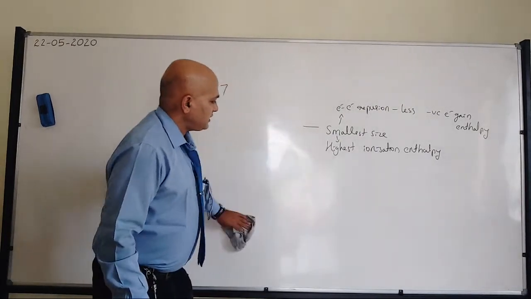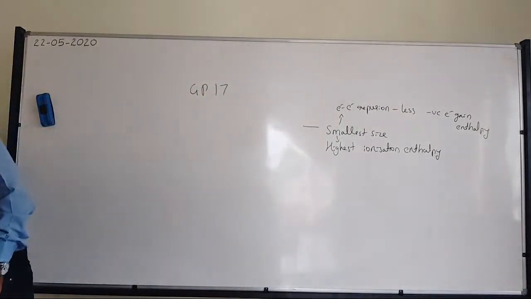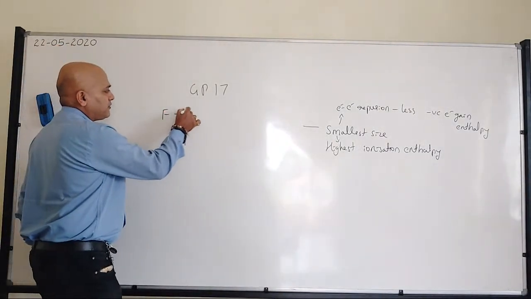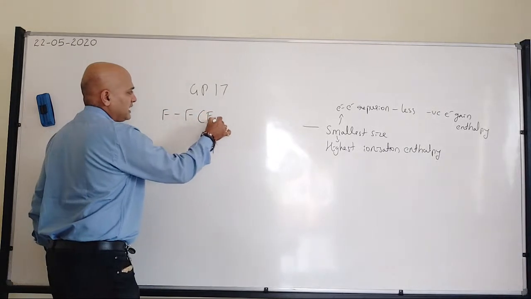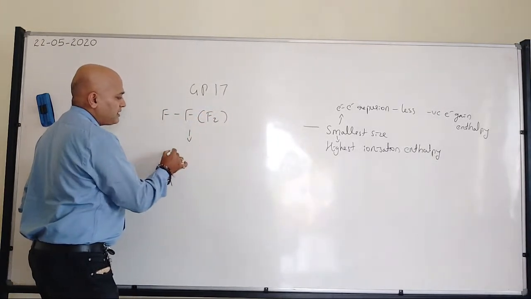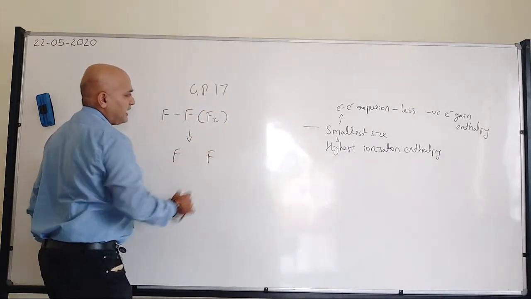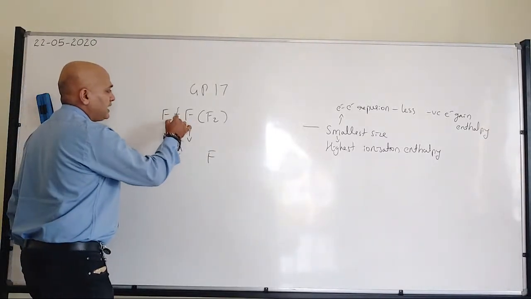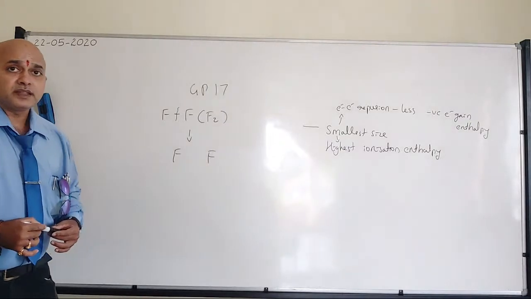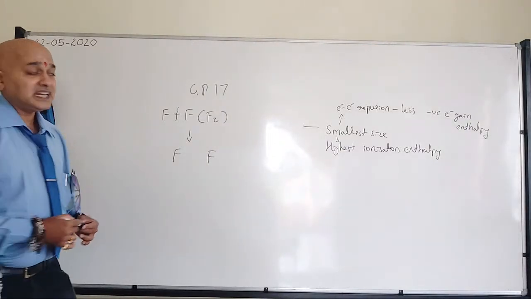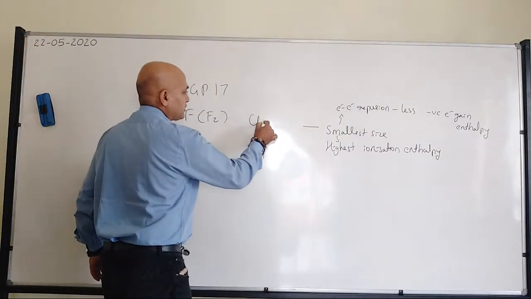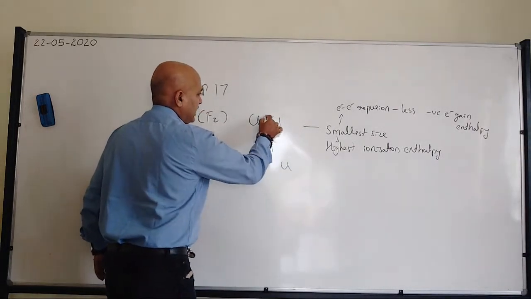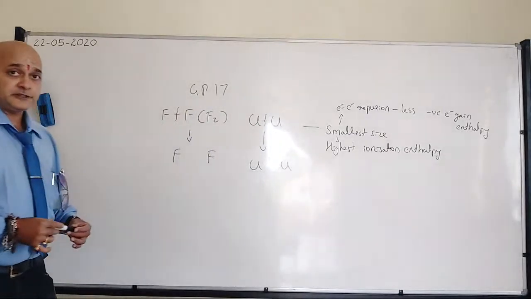Now I wanted to tell here, when it comes to fluorine in diatomic form, if I want to separate them, I have to break this covalent linkage. Same logic for chlorine: to separate them, I have to break this covalent linkage.